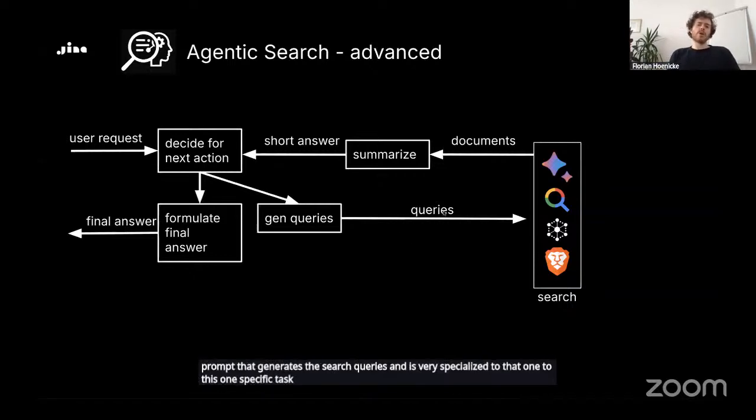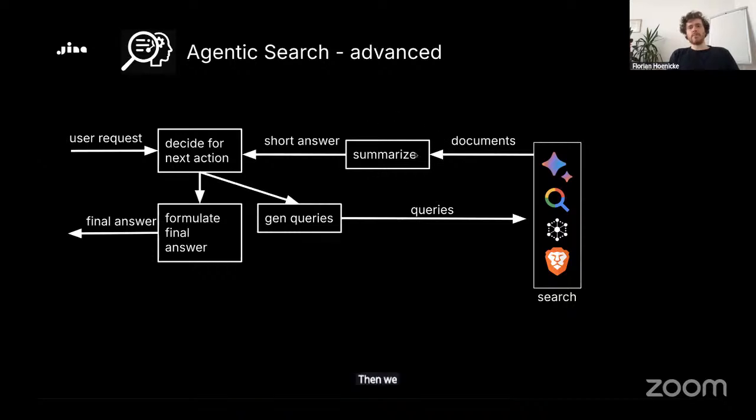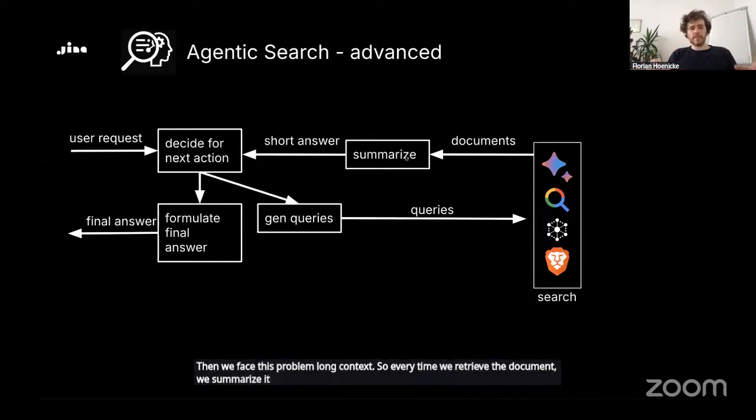And then when you get all the queries and retrieve the answer documents, then we face this problem of long context. So every time we retrieve a document, we summarize it and have very concise information. Maybe even have another prompt that removes redundancy with things that already got answered and so on, compressing everything.